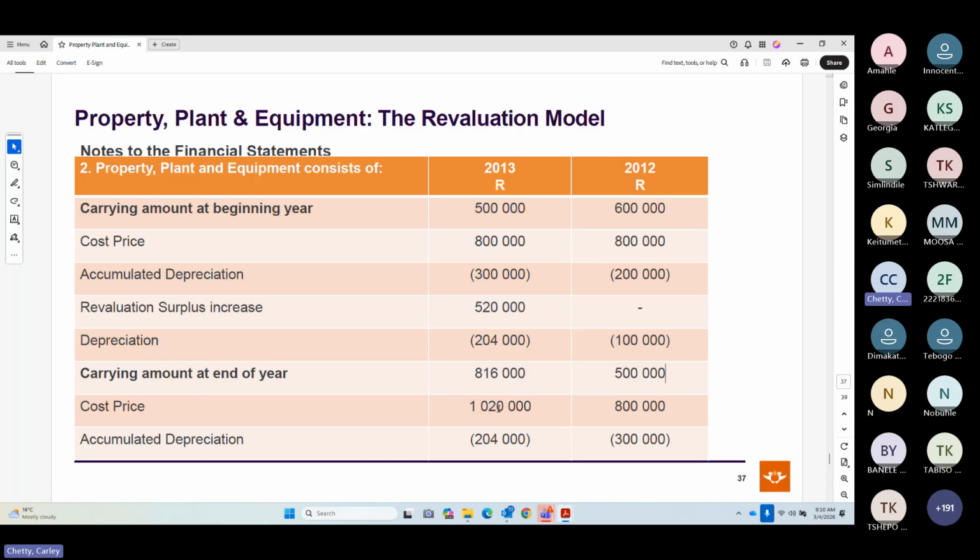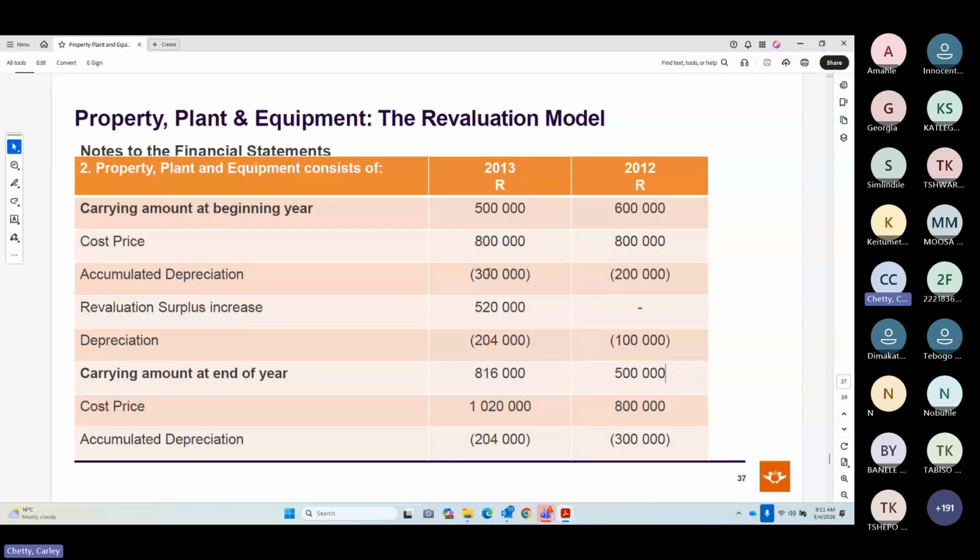So this cost price here of 1,020,000 is going to be based on the fair value, which was given in the scenario. And the closing accumulated depreciation is going to be the current year depreciation. Remember, just before the revaluation, we set off the accumulated depreciation, so we set off the 300,000 Rand.